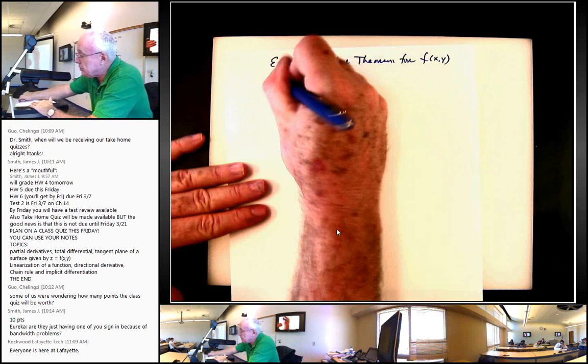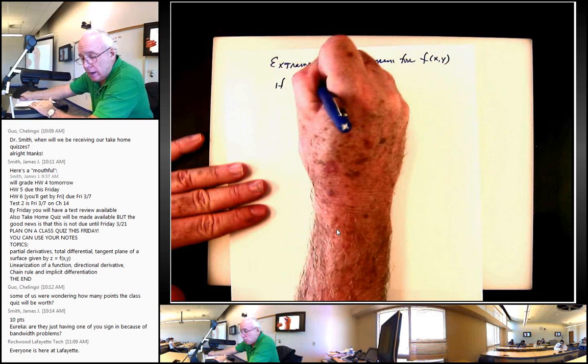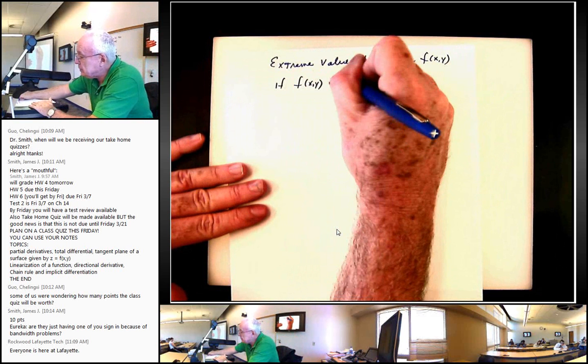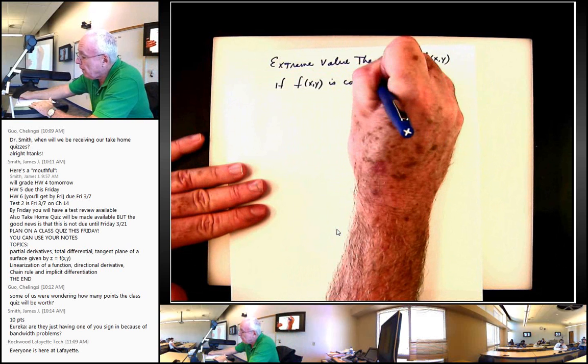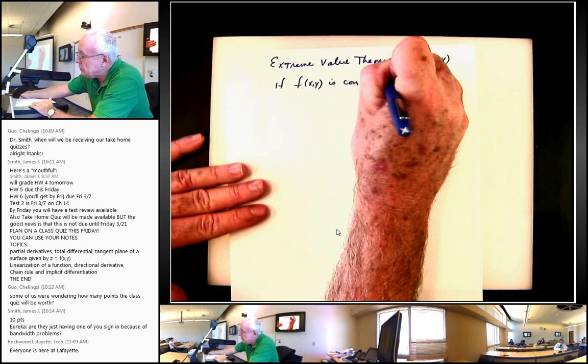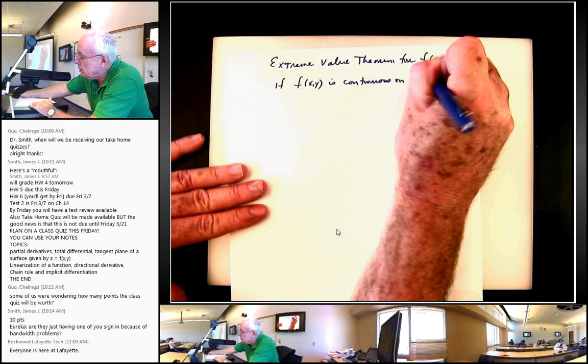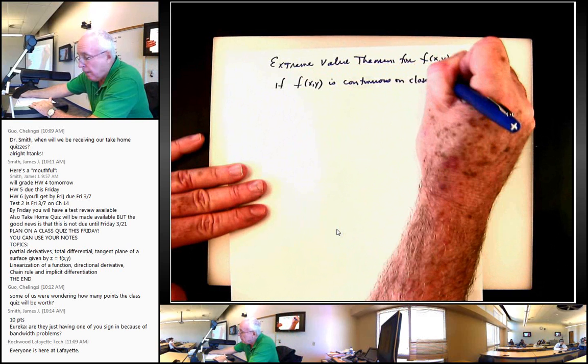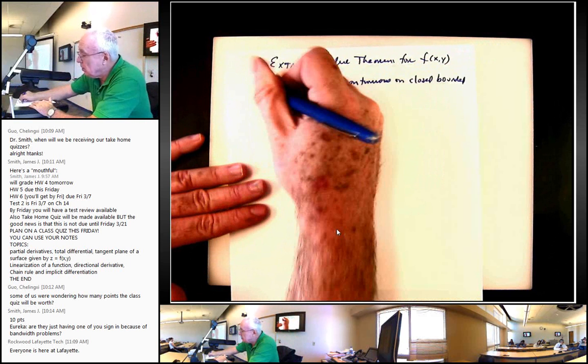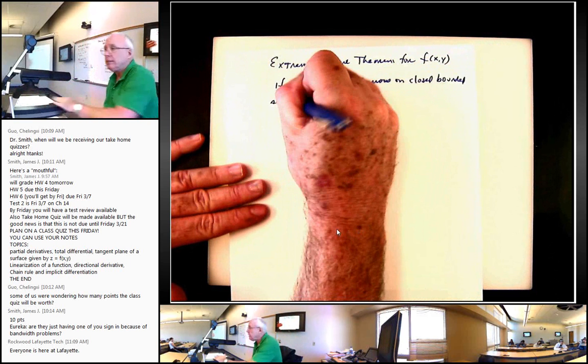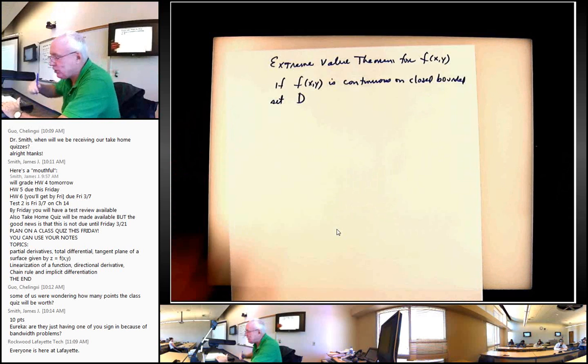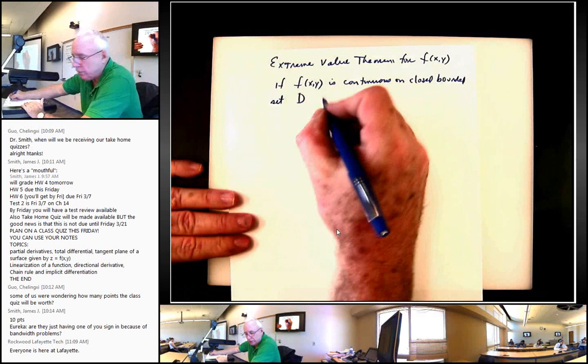Okay, so here it is. The function has to be continuous, so f(x,y), if it's continuous, now it has to be on a closed, bounded set. We'll call it capital D. This is not the same capital D as we talked about a few minutes ago.